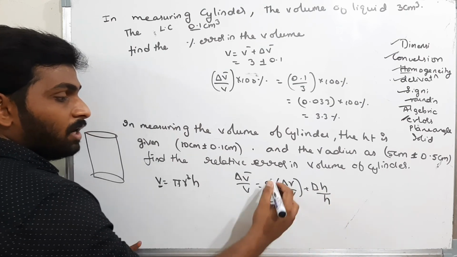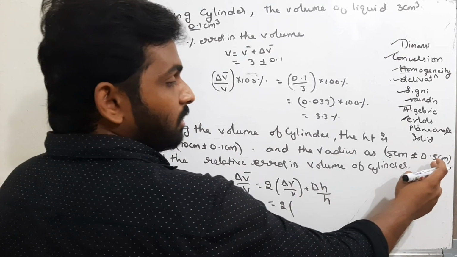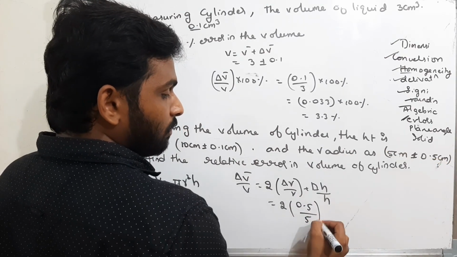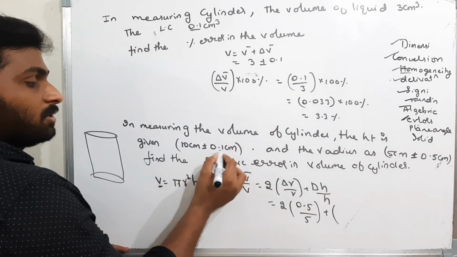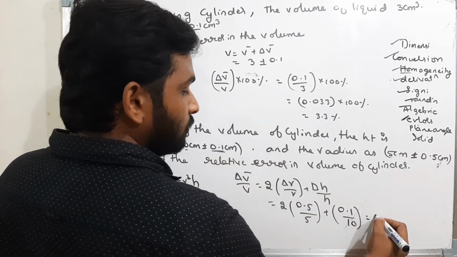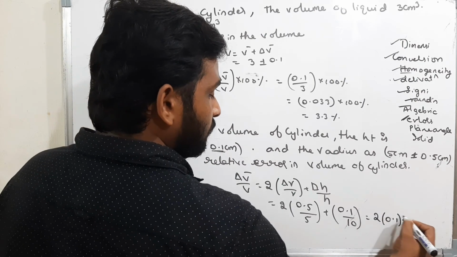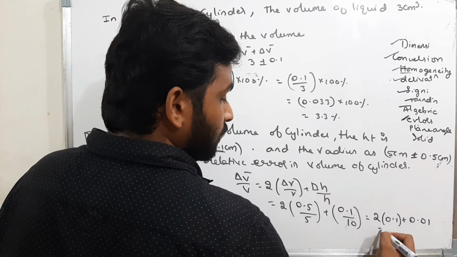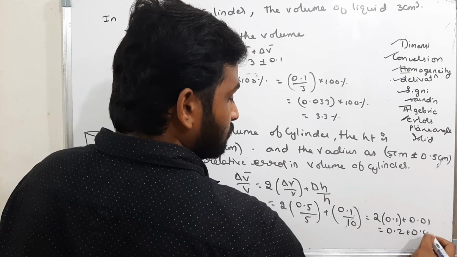Delta r by r is nothing but 0.5 by 5, plus delta h by h, 0.1 by 10. So 2 into 0.1 plus 0.01, that is 0.2 plus 0.01.